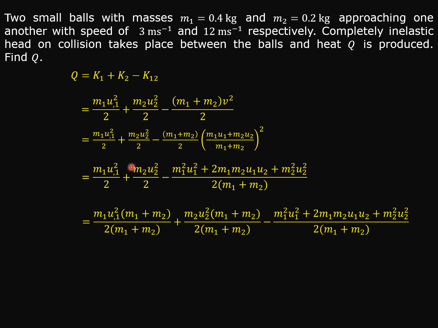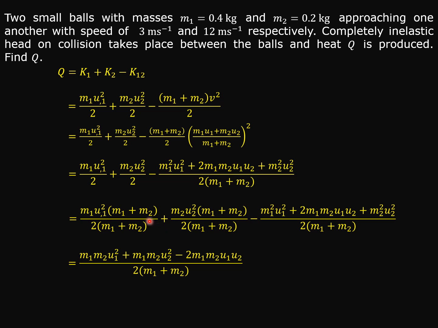Next step, we try to get the common denominator for these three terms. That means for the first term and the second term, we have to multiply both the numerator and denominator by m1 plus m2. So now we see that all three terms have the same denominator.